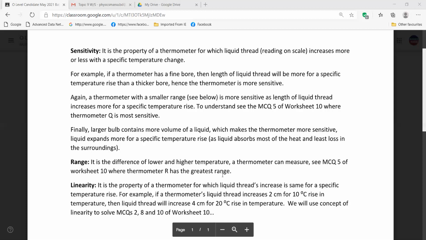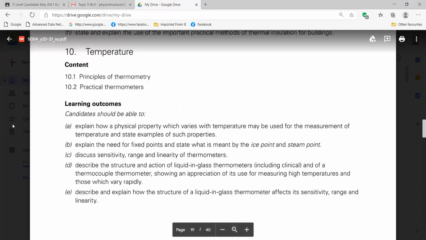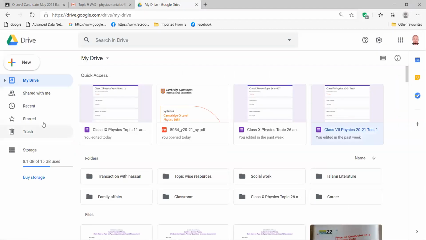So if you have some thermometers, I'm showing you from the Google Drive.